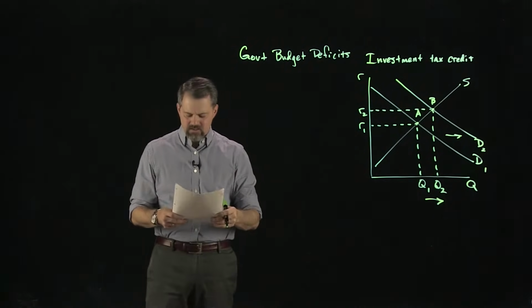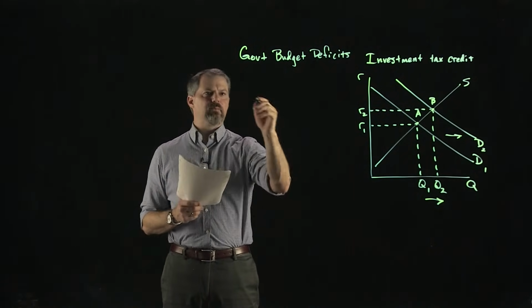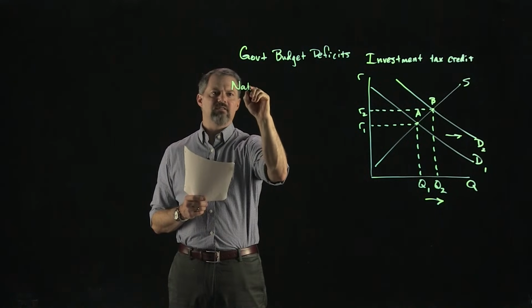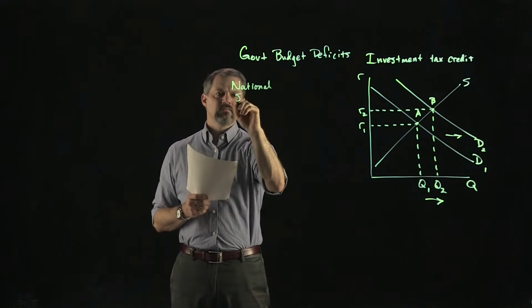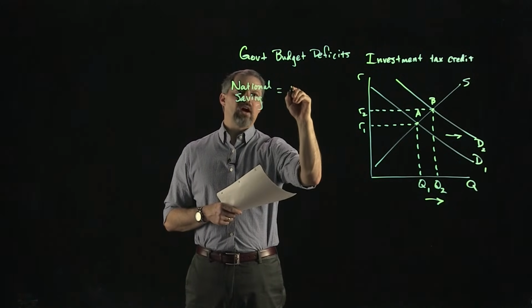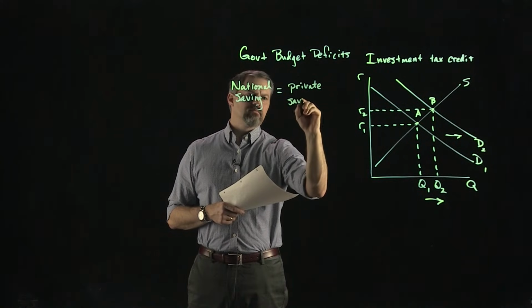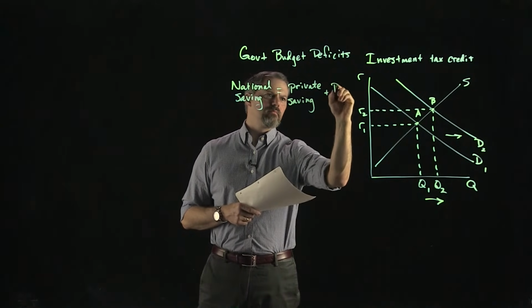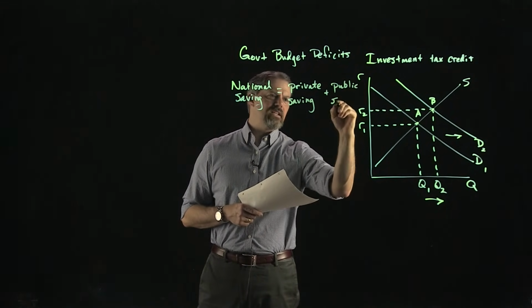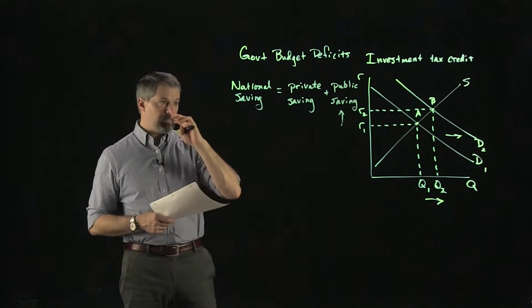But let's start by thinking about what national saving is made up of. Remember that national saving, we saw earlier, is equal to private saving plus public saving. And what we're thinking about right now is public saving.